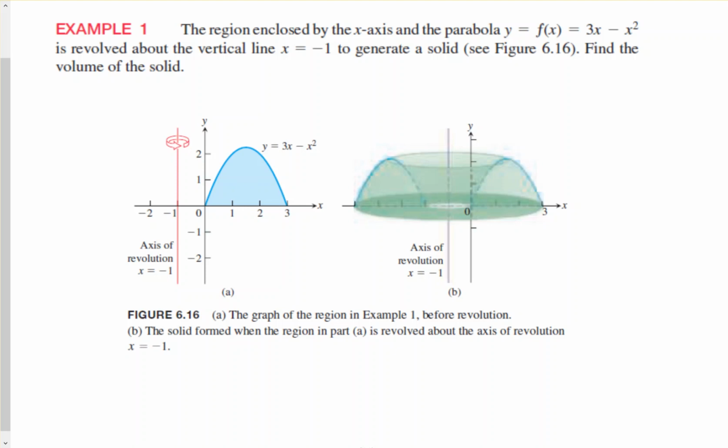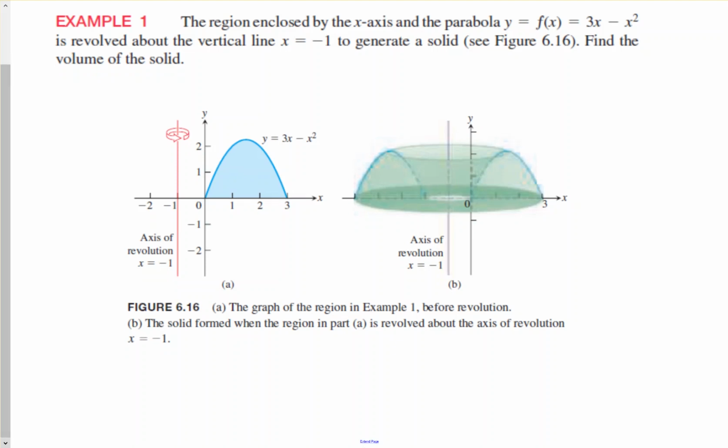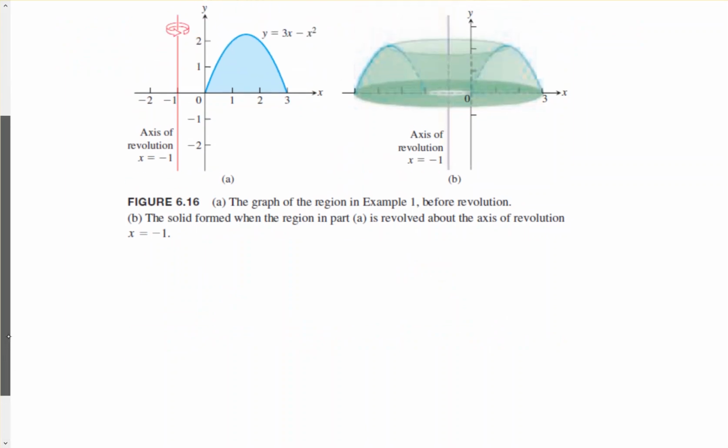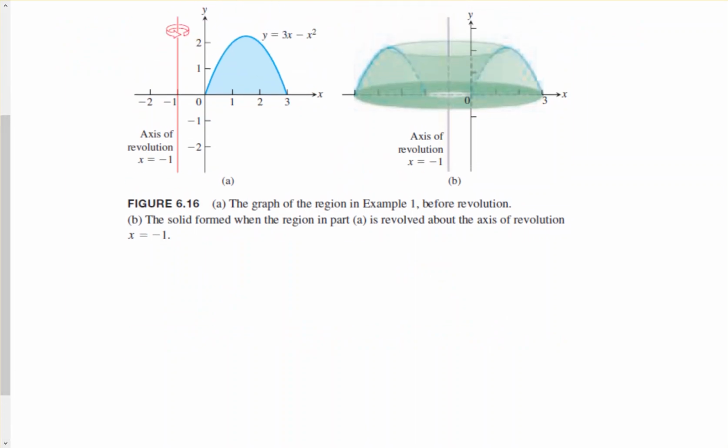So if we go to set this up, our volume will be. Now, the region is from 0 to 3, right? So we have the integral from 0 to 3 of 2 pi.